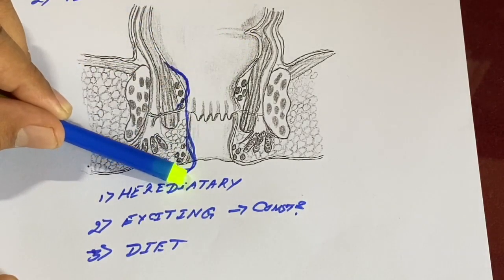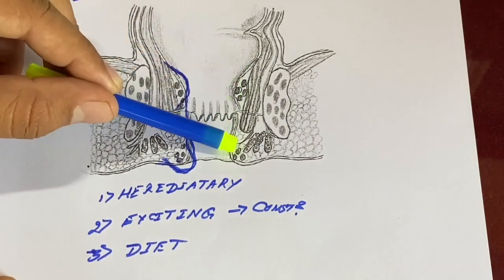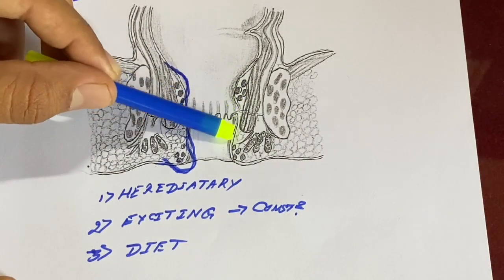In those conditions, pressure is exerted on the hemorrhoidal plexus that may cause the engorgement.